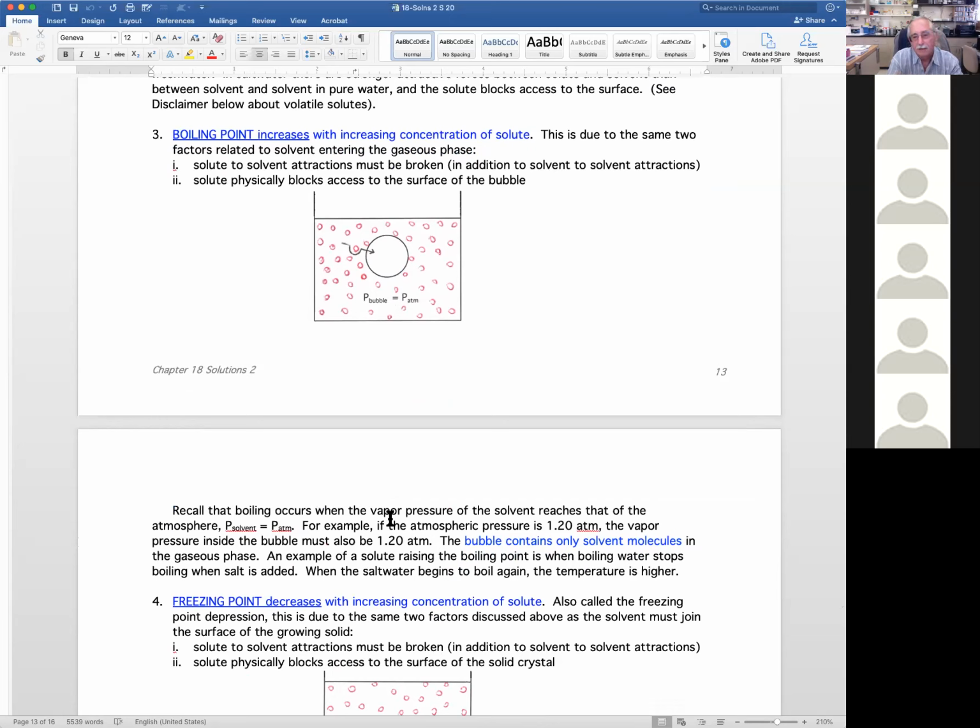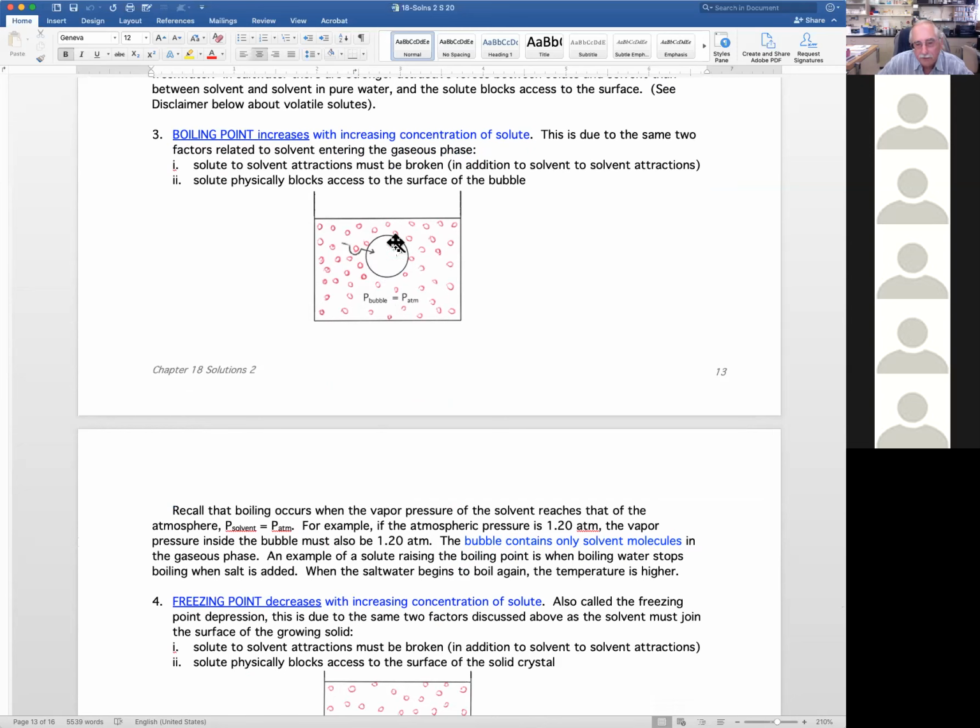You open up the pack, you pour the Cayman in, the salts in. What happens? It stops boiling. And a couple of minutes later, it might reboil, but when it boils again, it's boiling at a higher temperature. That's what we mean. Why? It's for the same two reasons.